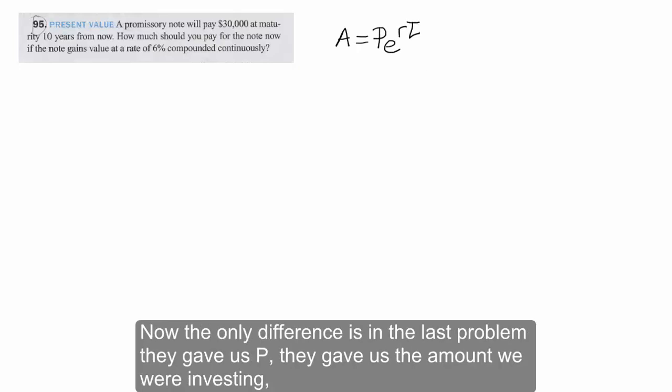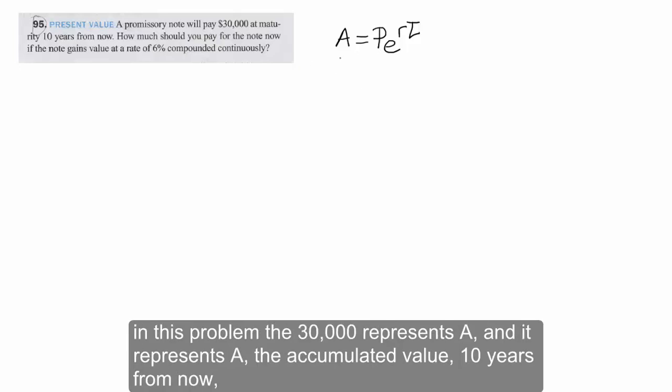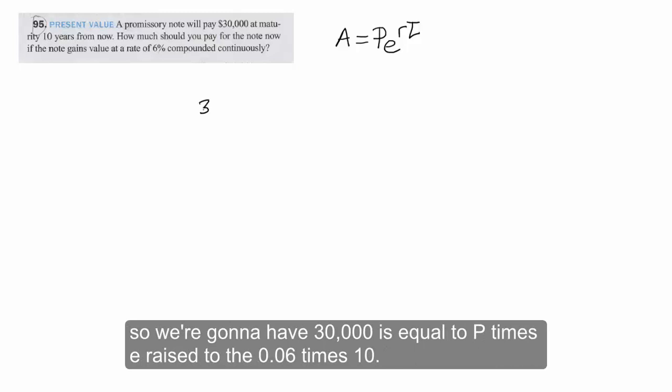Now the only difference is in the last problem they gave us P, the amount we were investing. In this problem, the 30,000 represents A, the accumulated value, 10 years from now. So we're going to have 30,000 is equal to P times e raised to the 0.06 times 10.